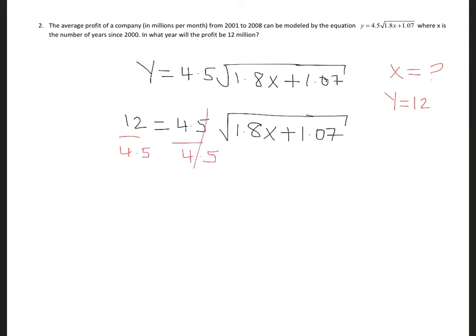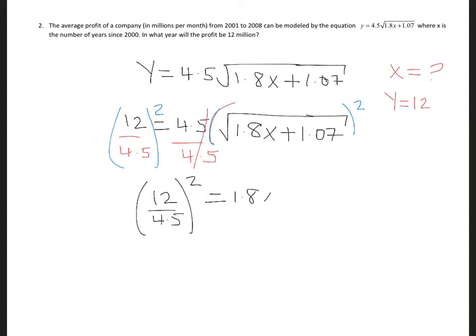See, that's gone. And then I can raise this to power 2, an index of 2. And when I do that, what do I get? So here I get 12 over 4.5, and I could simplify that, or I wait until the end, is equal to 1.8x plus 1.07.